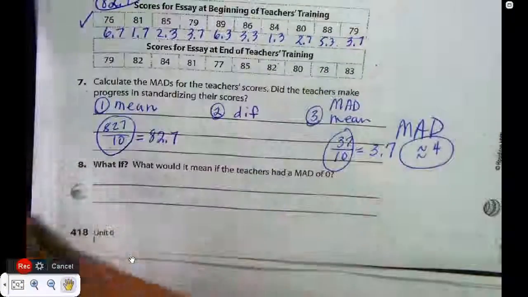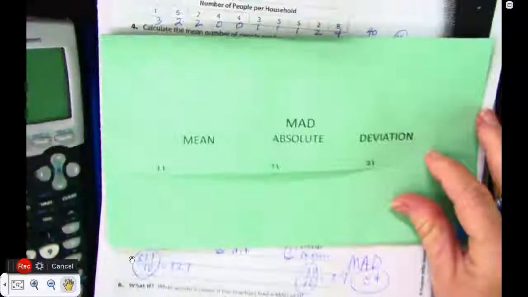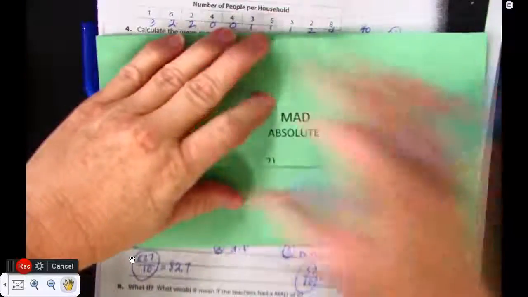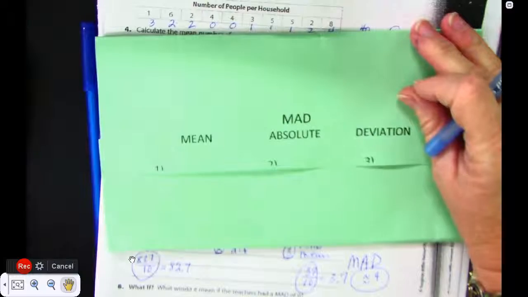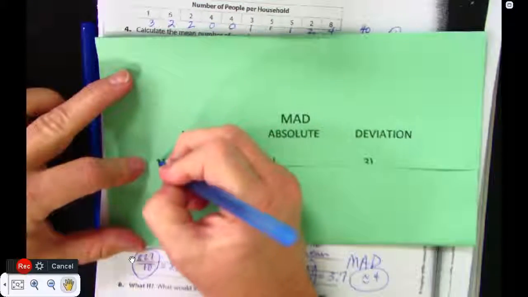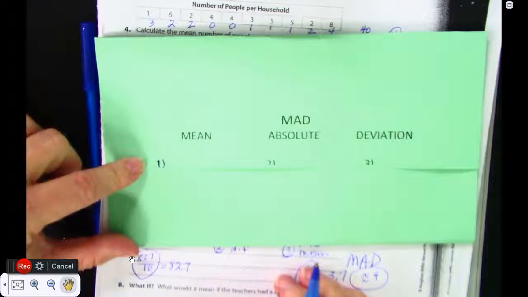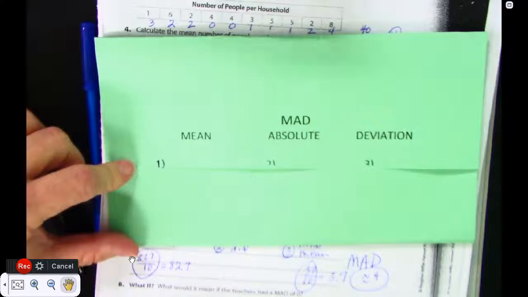Okay, so guys, here we go. We have folded this to put on page 4 in our notes. Okay, so let's remind ourselves. The copier messed up a little bit.